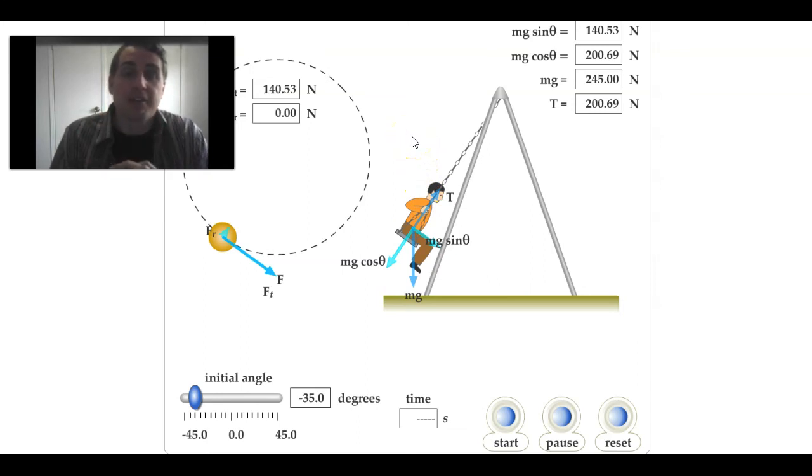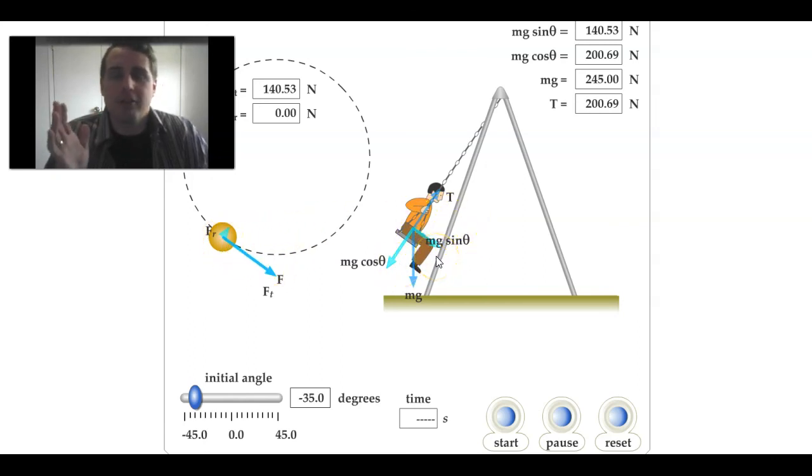Mg sine theta is the component of the weight that would bring an object down an inclined plane. In the same way, mg sine theta is the component of weight that would bring a ball on a string down towards the center. In fact, we call this the net restoring force for a pendulum.